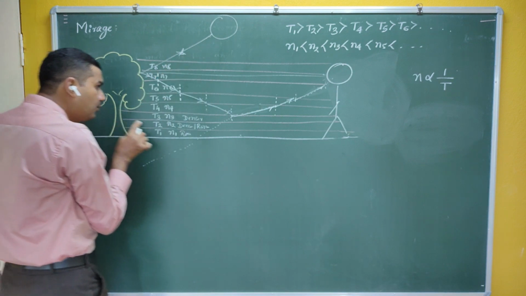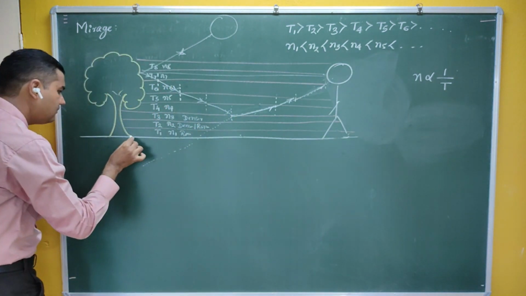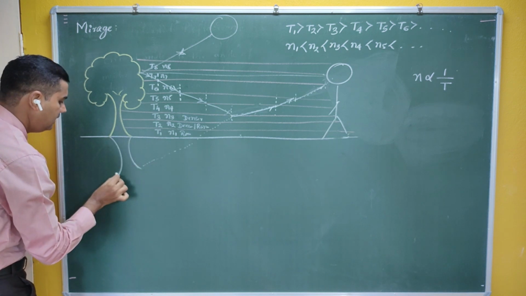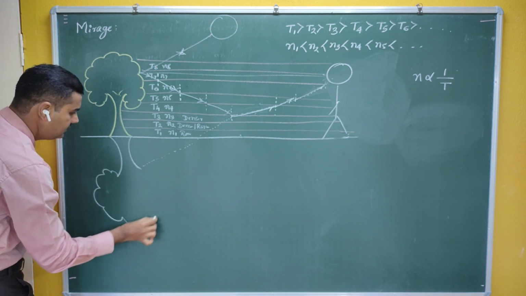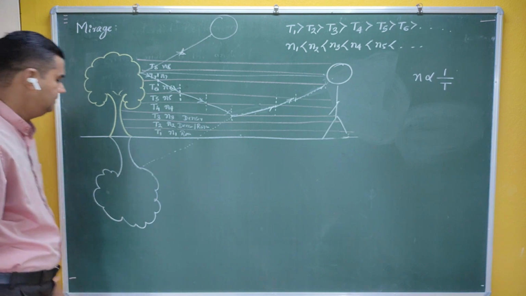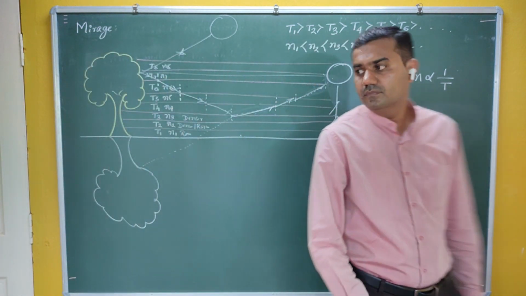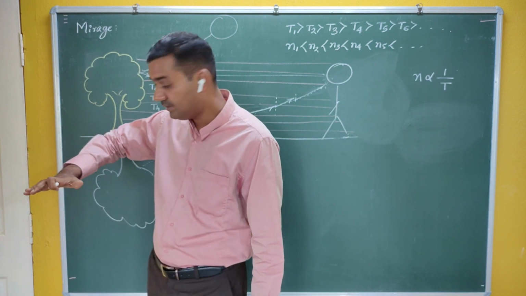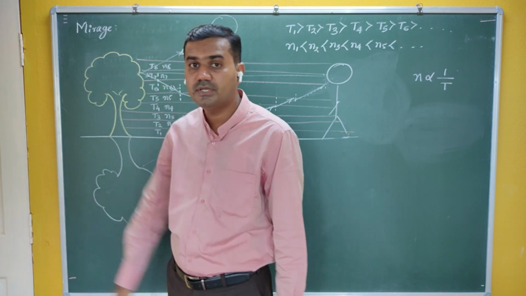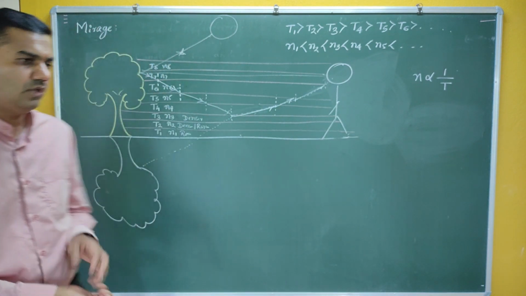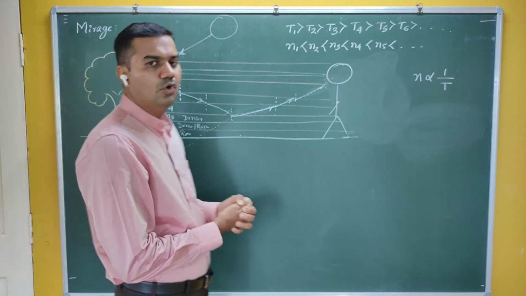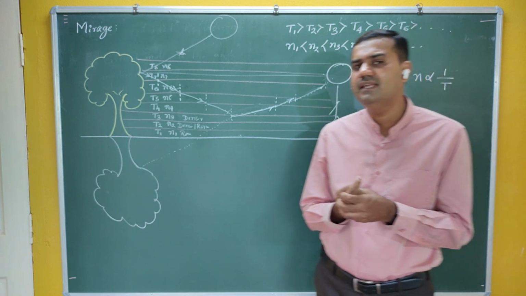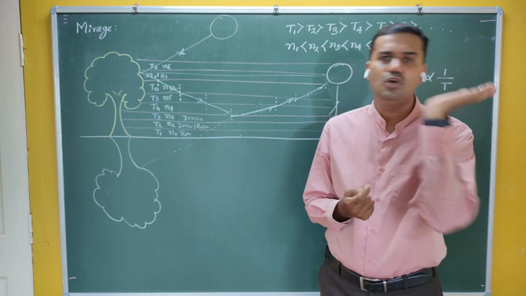If you take each point on this object somewhere here, you're getting like this. So the same tree is observed to be on the road. If you take the 3 dimension on some particular road here, the observer thinks that the road may be wet, there is some water on the road, therefore we are getting an image of an object.